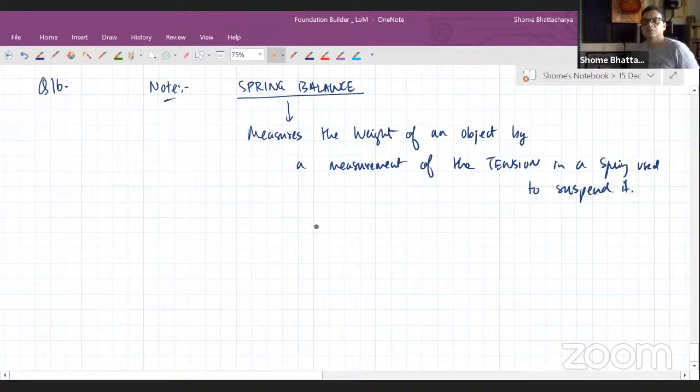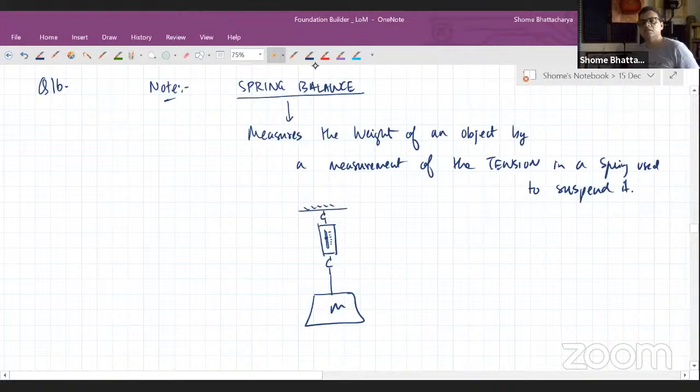Okay. So basically, if we have a spring balance which has a scale like this and a pointer, and we use it to suspend an object of mass m, the spring balance itself being suspended from a fixed ceiling, let's say.